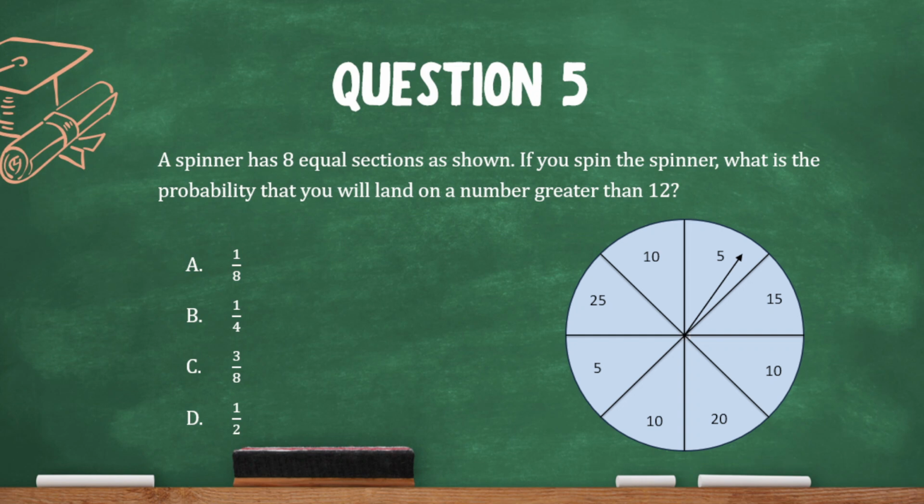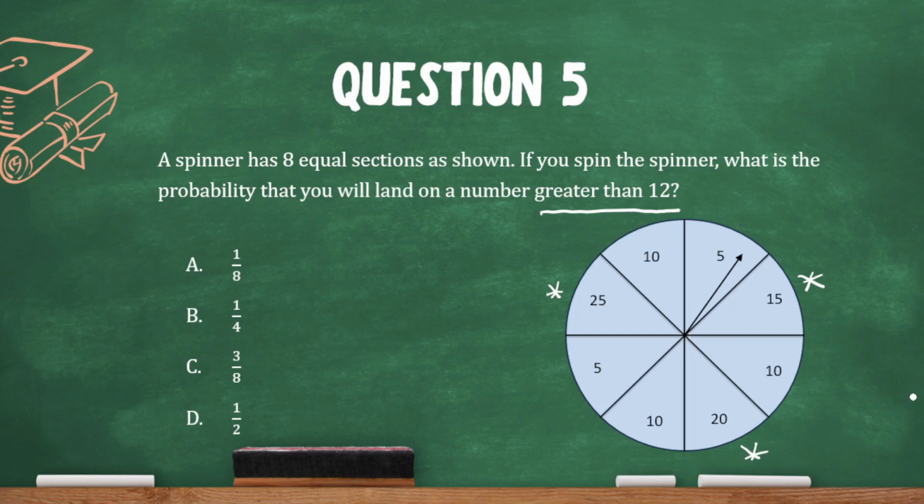Number 5, now we have a spinner. A spinner has 8 equal sections as shown. If you spin the spinner, what is the probability that you will land on a number greater than 12? Okay, so let's identify all of the numbers greater than 12. We've got 25, 15, and 20.